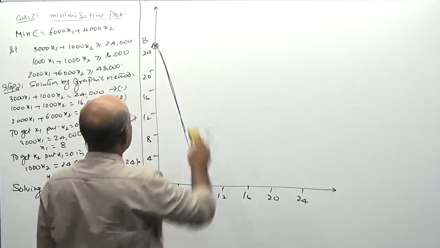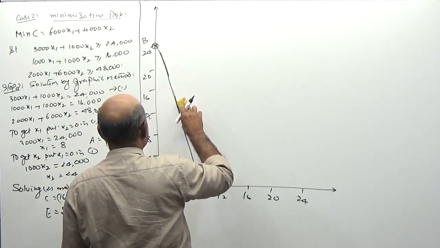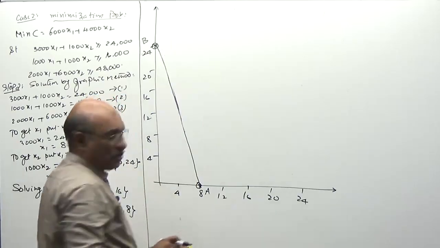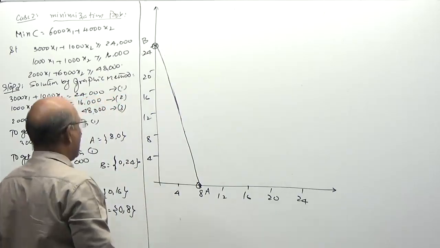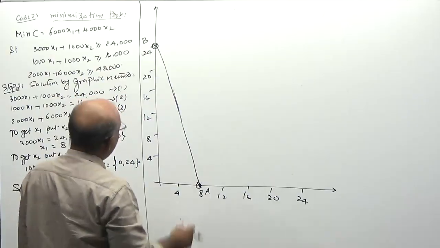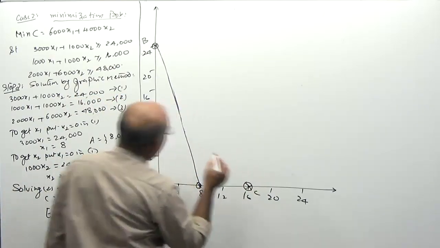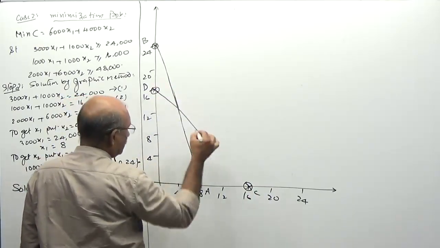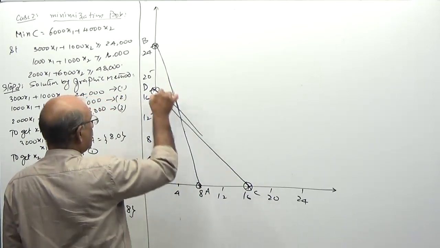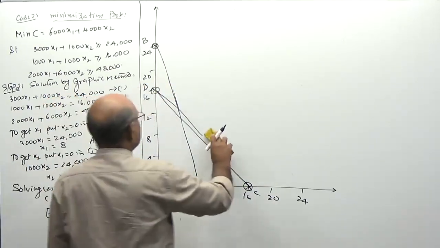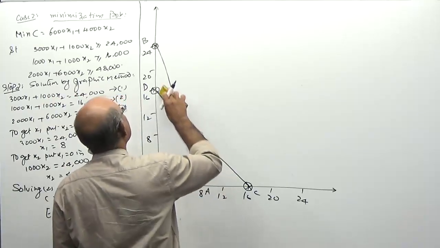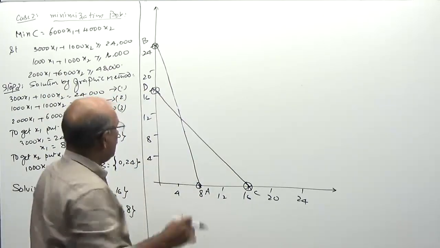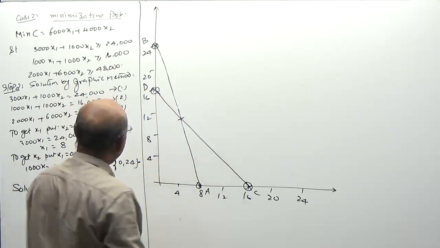Joining these two, you will get a line. Second one is 16 comma 16. 16 is C, 16 is here D. So this is the point of intersection of these two.